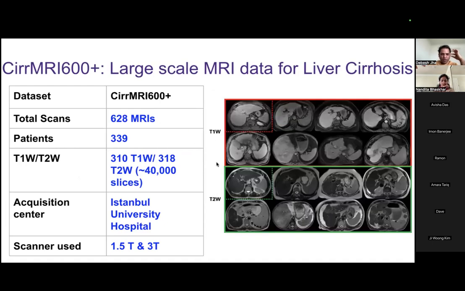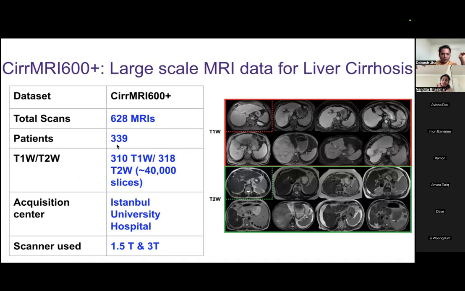It has both T1 and T2 weighted MRIs, and it has all the classes of liver cirrhosis, for example mild, moderate to severe. The total number of patients is 339, where we have both T1 and T2 weighted. T1 weighted consists of 310, and T2 weighted consists of 318 images.